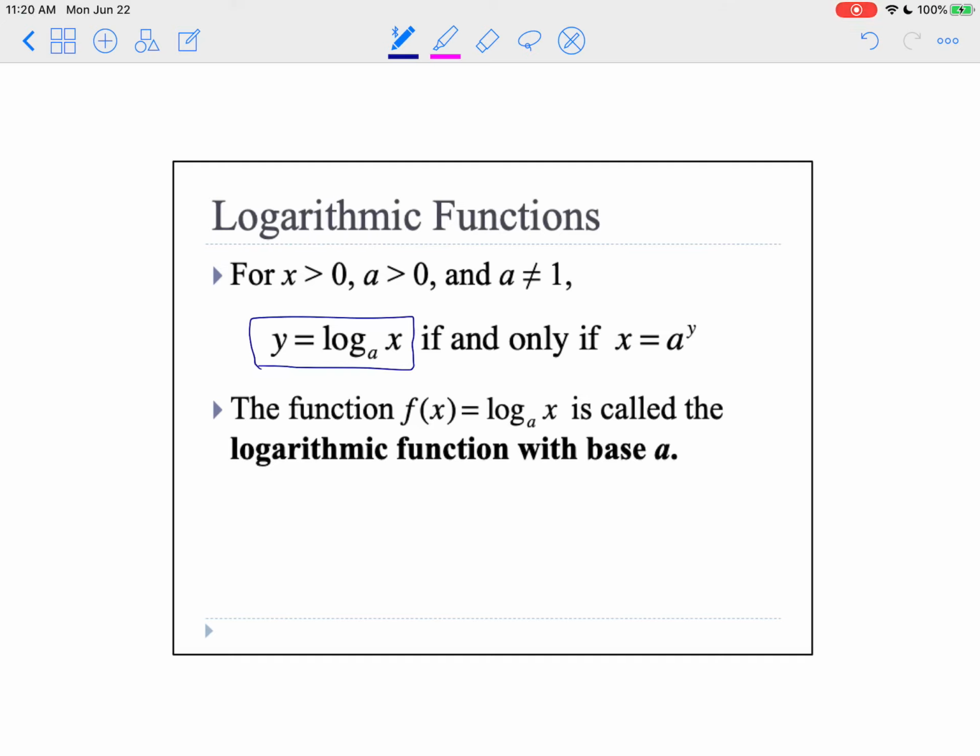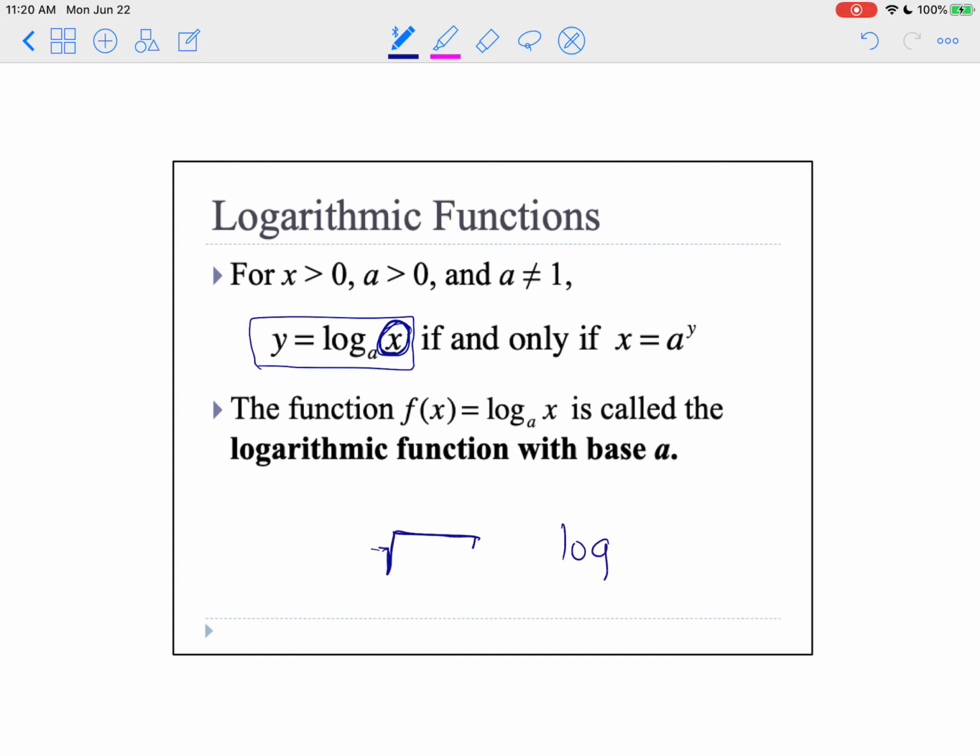So basically what we're saying is if we have something of the form y equals log base a of x, which is how you say this, log base a of x. The "of" part is what's inside the logarithm. This x is inside the log, sort of like inside a square root is under this symbol.